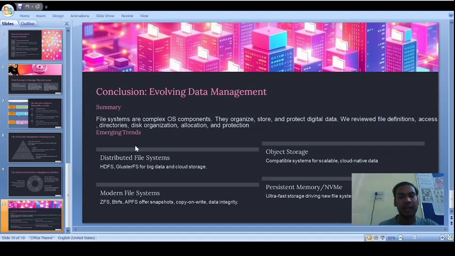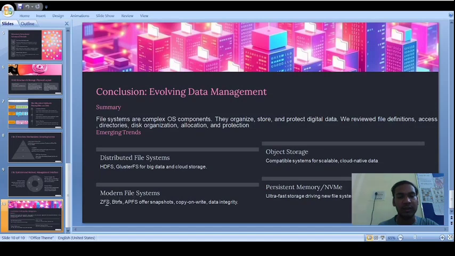In emerging trends, the files can be stored in a distributed file system, object storage, modern file system, and persistent memory. Distributed file systems like HDFS, GlusterFS are for big data and cloud storage. Object storage means the files are scalable and cloud native data.